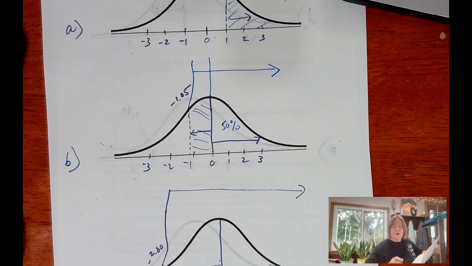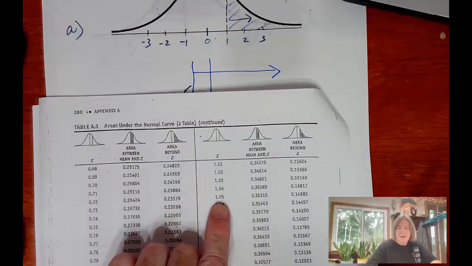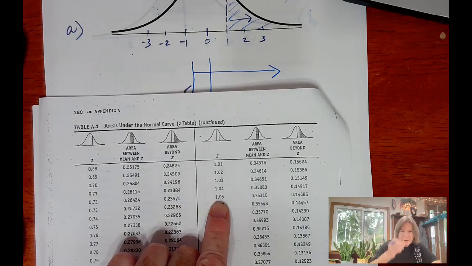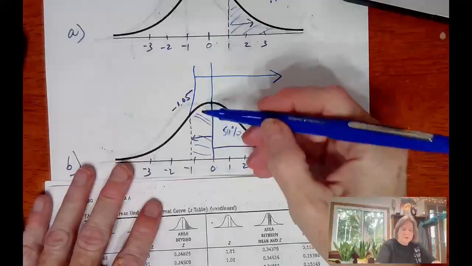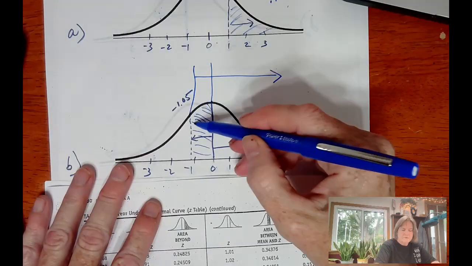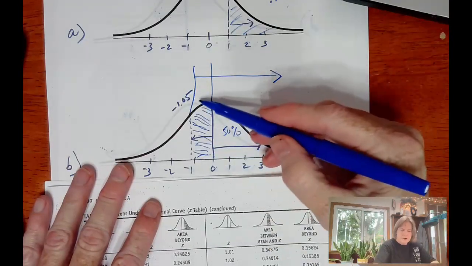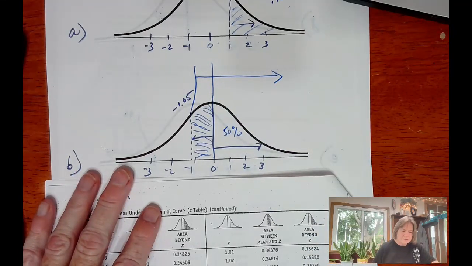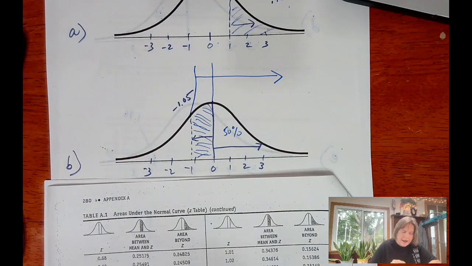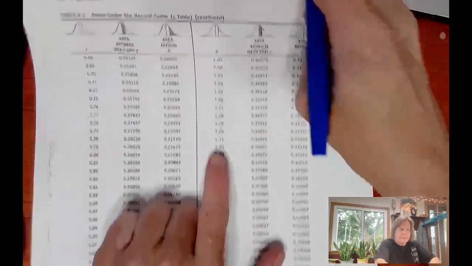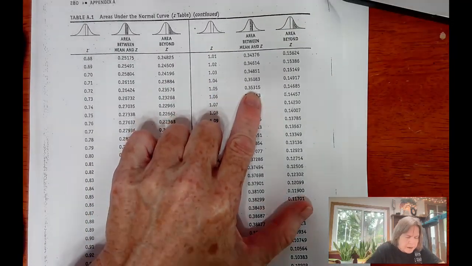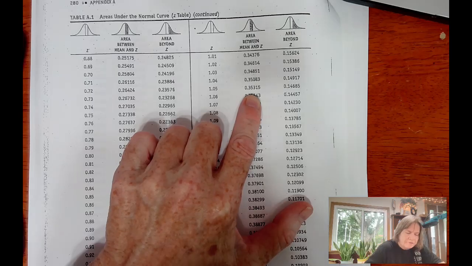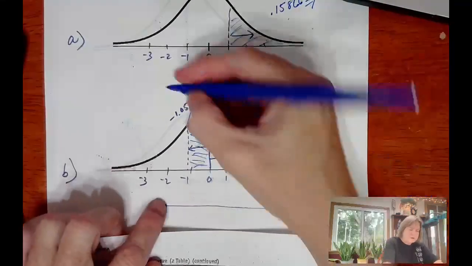With a z, you have to go back to the 1, but now it's the negative side, so -1.05. Area is always positive, right? The area between our z of 1.05 and the mean is 0.35315.